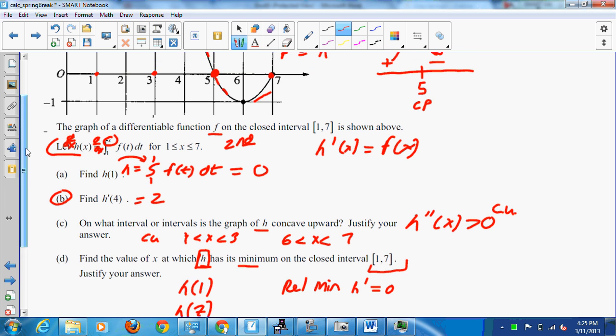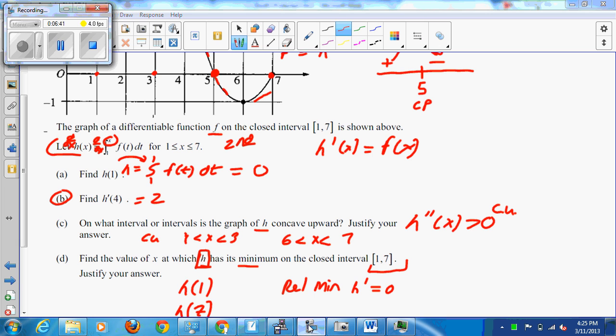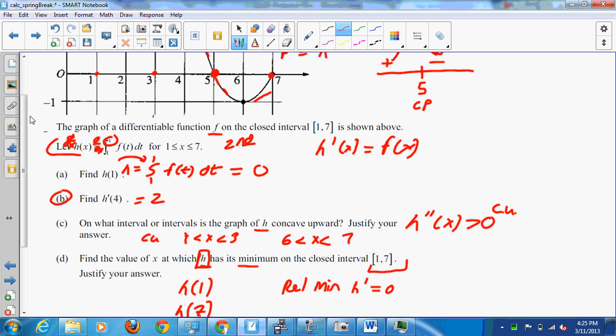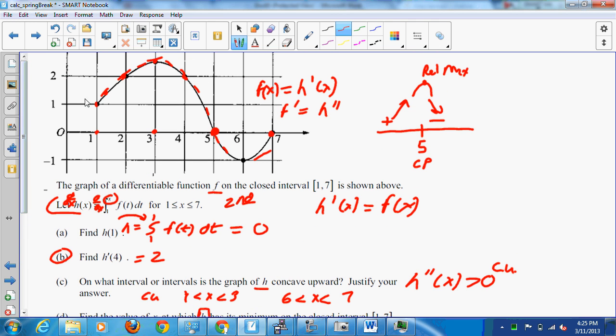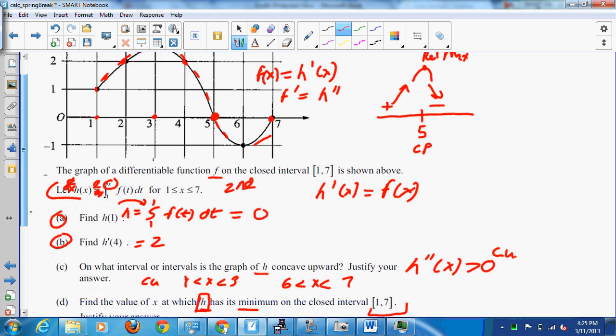Okay, there we go. I hope that didn't freeze on you. Okay, so what is the function value here? Well, it looks like it's equal to 0 here, right? Because we found the endpoint already in part A. H of 1 is equal to 0.